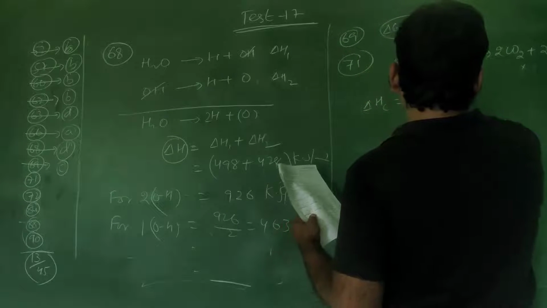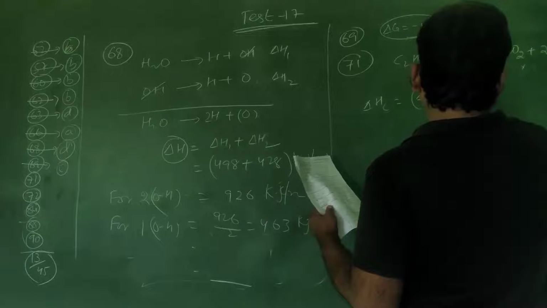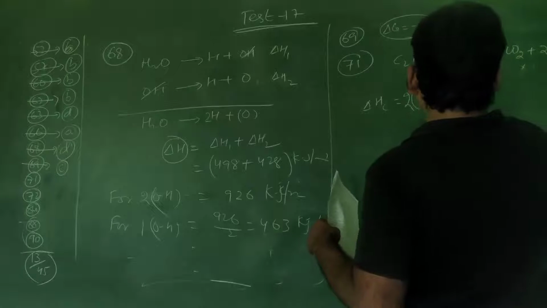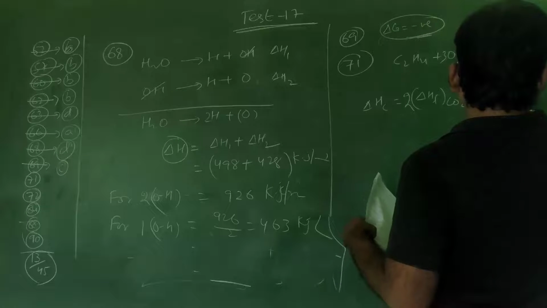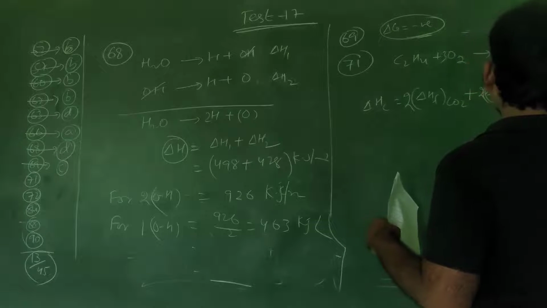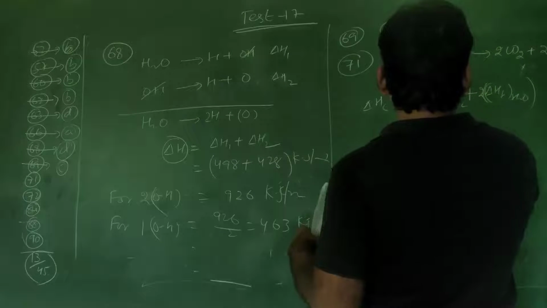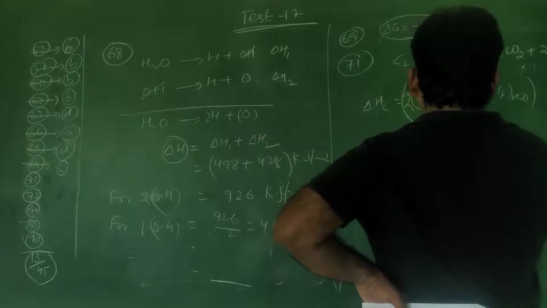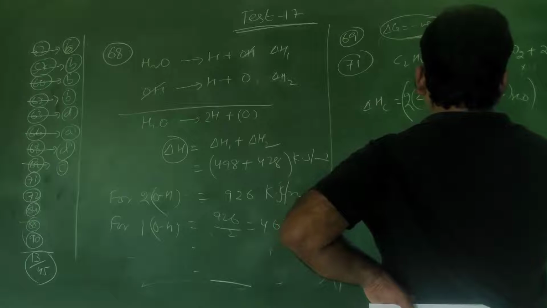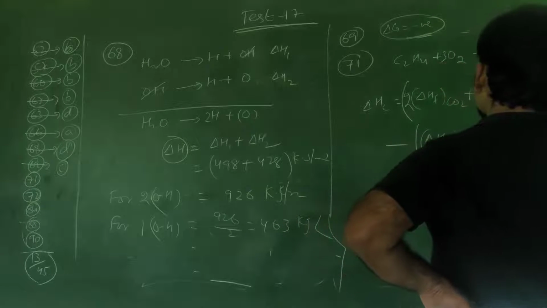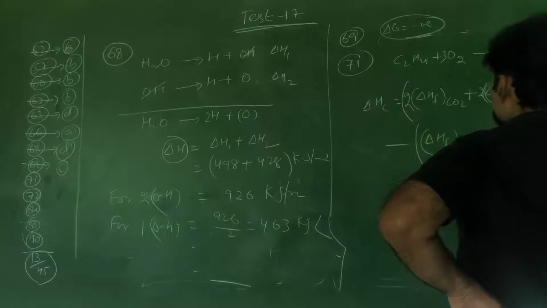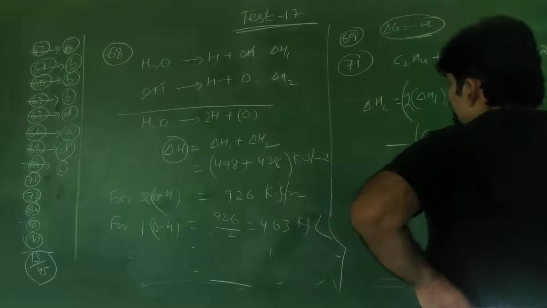This is equal to 2 times the enthalpy of formation of carbon dioxide plus 2 times the enthalpy of formation of water, minus the enthalpy of formation of C2H4 plus 0 into 3, because the enthalpy of formation of O2 is 0.